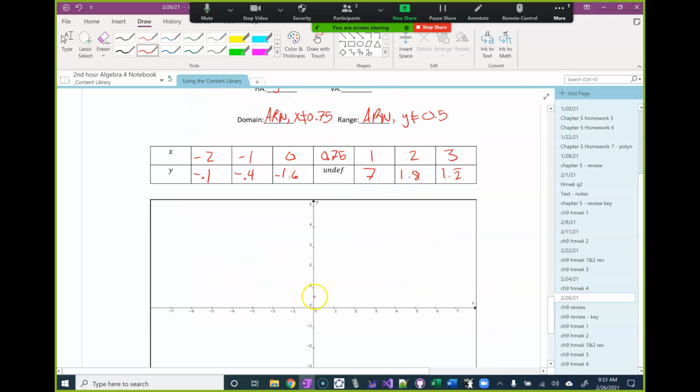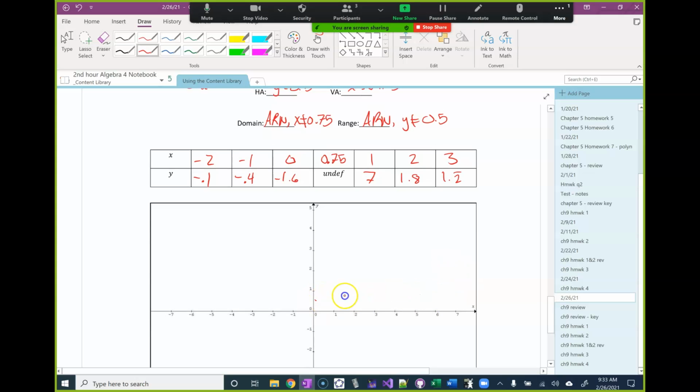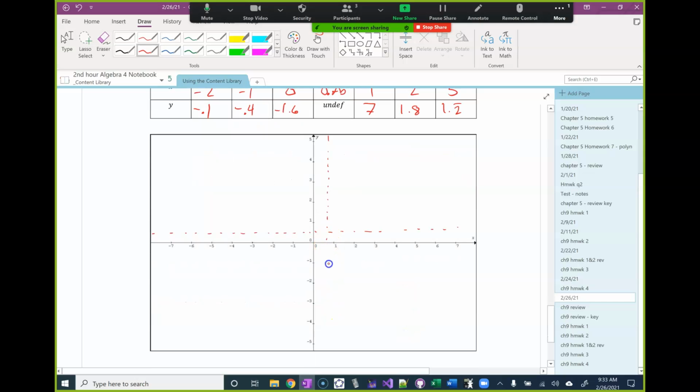So we'll put in our asymptote, is that positive? Oh yeah, okay. So there's positive 1/2. And then negative 0.75 is about there, a little bit more than halfway.